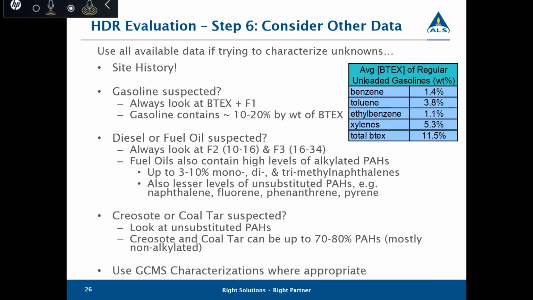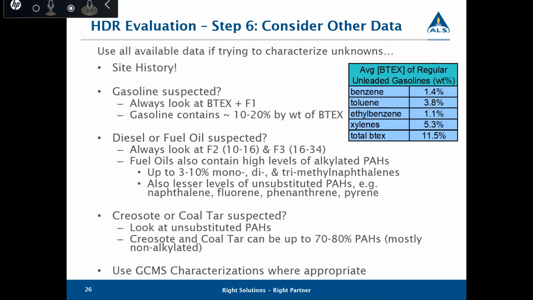If diesel or fuel oils are expected, we should be reviewing F2 to F4 results and maybe conducting analysis for alkylated PAHs, because up to 20% alkylated PAHs will be found in fuel oils. And also, if coal tar is suspected, look at unsubstituted PAHs, so parent PAHs. They contain around 70 to 80% in coal tar.